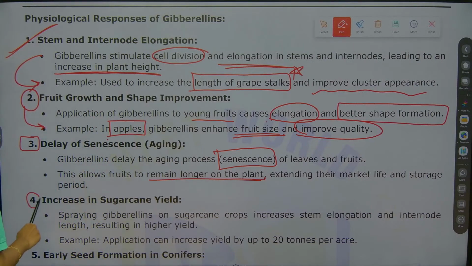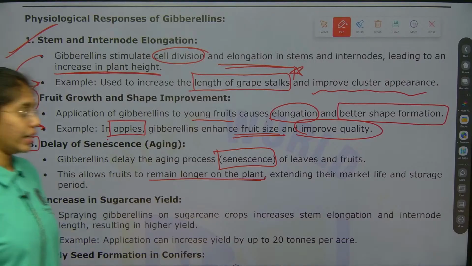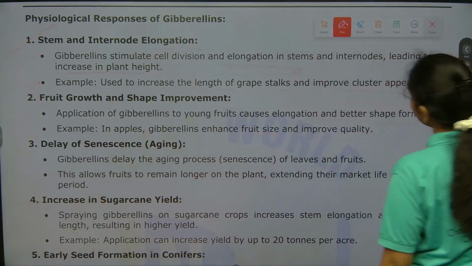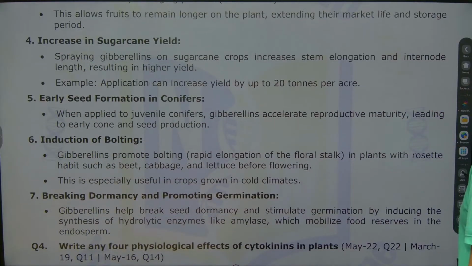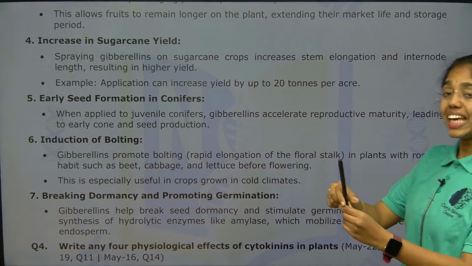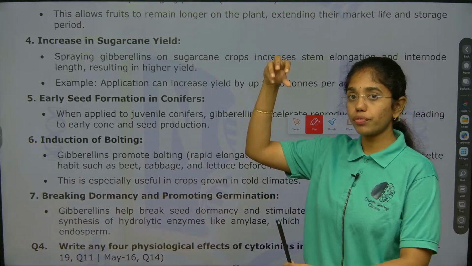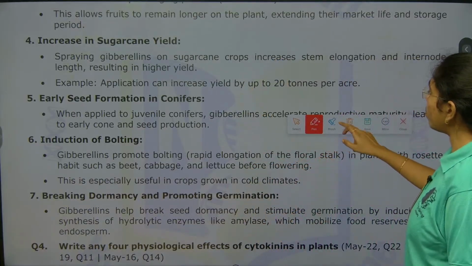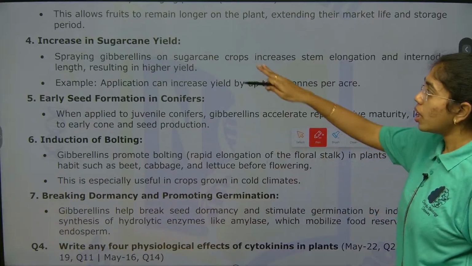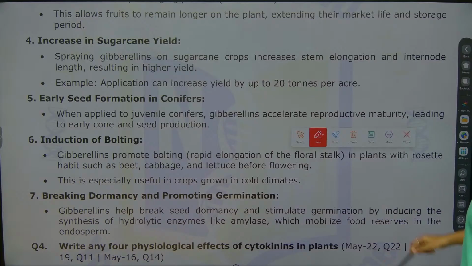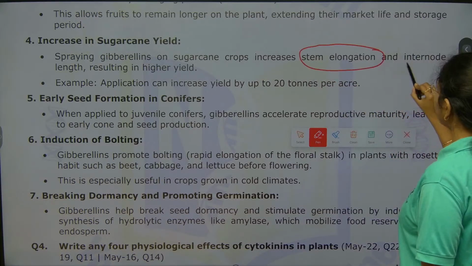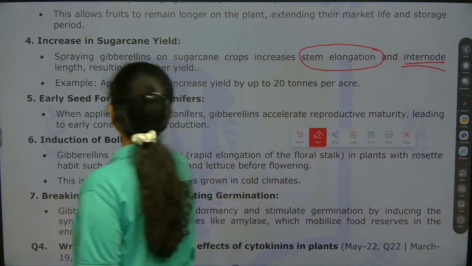Next is increase in sugarcane yield. How will sugarcane yield be increased? By the application of gibberellins. Why? Because gibberellin application will increase the internodal elongation of the stem, where the stem is the edible part in sugarcane. By spraying gibberellins on the sugarcane crops, stem elongation and internodal length increase, thereby increasing the yield.